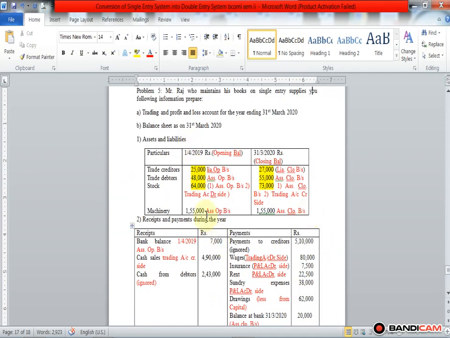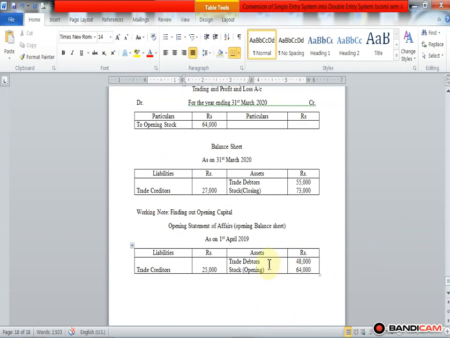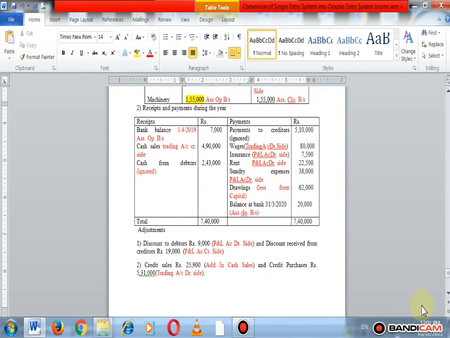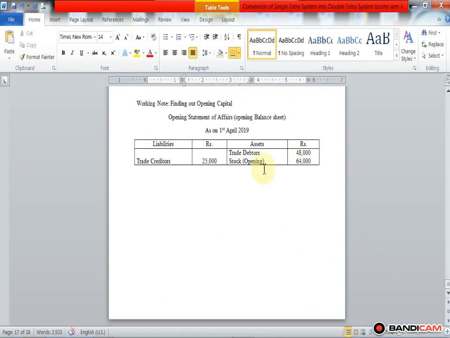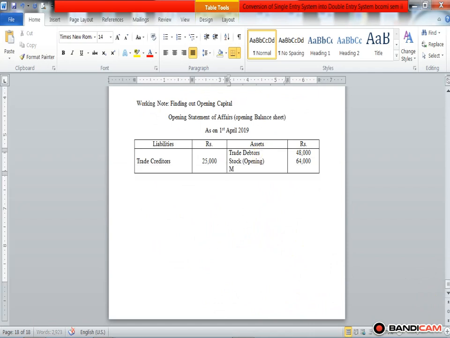Then machinery. The opening balance of machinery is transferred to opening assets. Here we go through the sequence. First of all, fixed assets on top, write it at the top level. Machinery amounted to rupees 1,55,000.